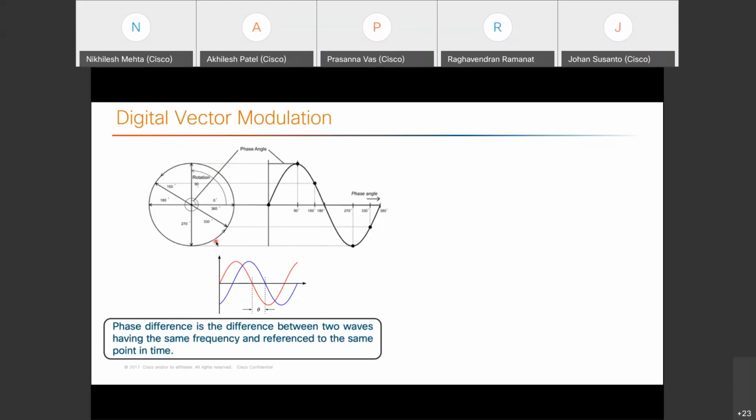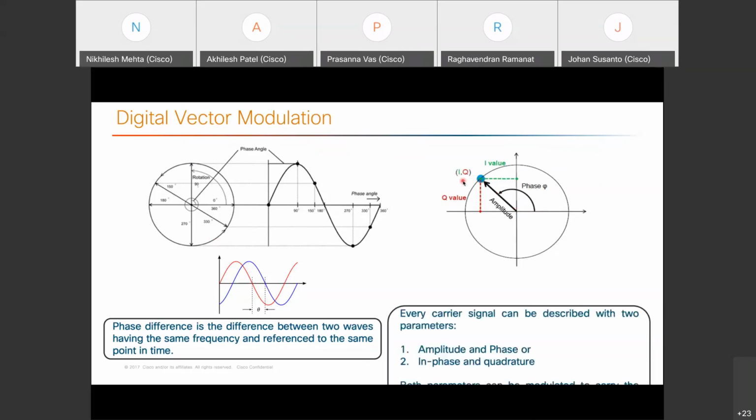point in time. Now, how I'm utilizing this is, any point on the circle can be represented by its phase value and its amplitude value. We also represent this by I and Q. I is the in-phase, and Q is the quadrature phase.